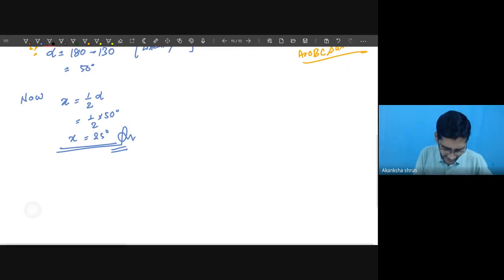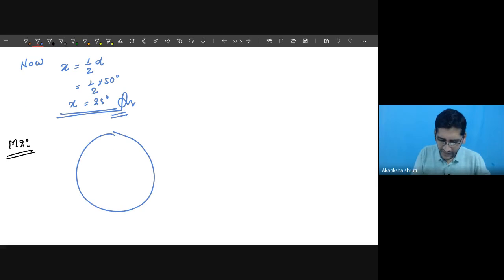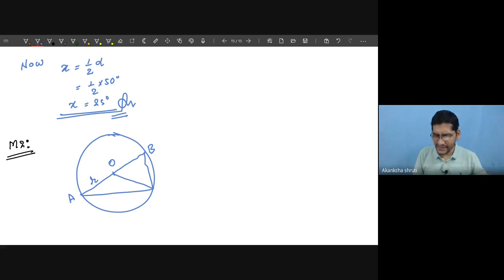Other method: consider the triangle formed, or the nature of the triangle formed, and the radius. Students, here we are observing that AB is the diameter with center O. Now, OA is one of the radius and OC is the other radius.